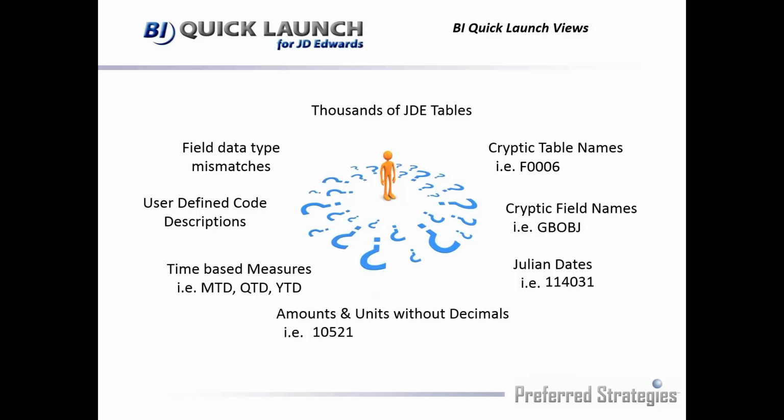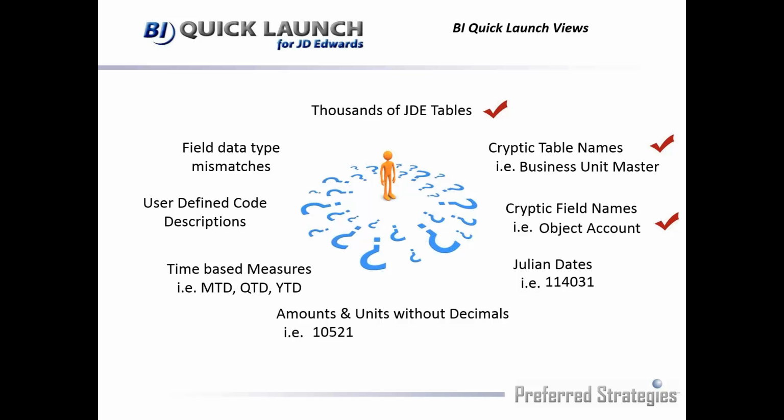So what are the views? Again, what do they address? Well, of those thousands of tables by the different subject areas and modules of JD Edwards, we've already defined related views with the applicable related tables where things need to be related with equal joins, left outer joins. That's all addressed by the views. Naming conventions, so you're not going to get the cryptic names. You'll get something more logical, like a table name will show something.